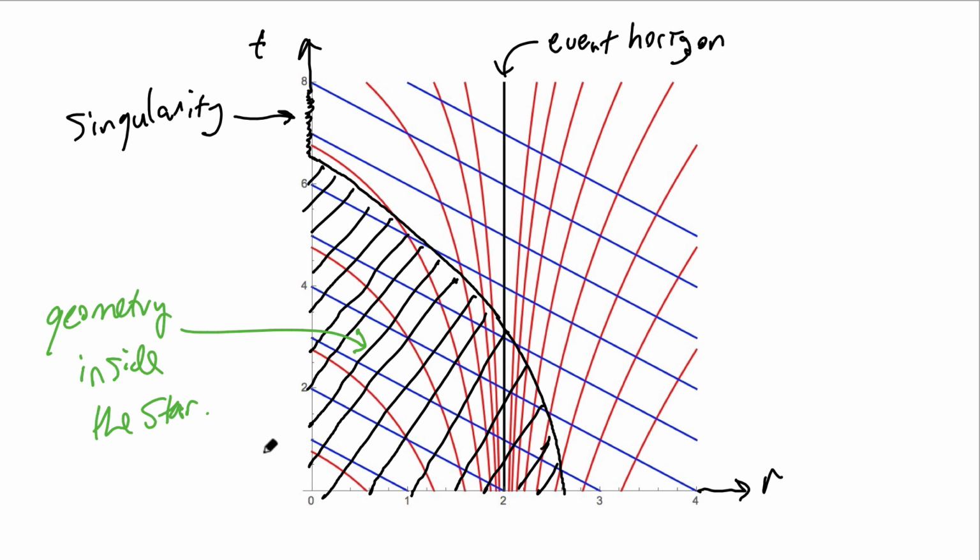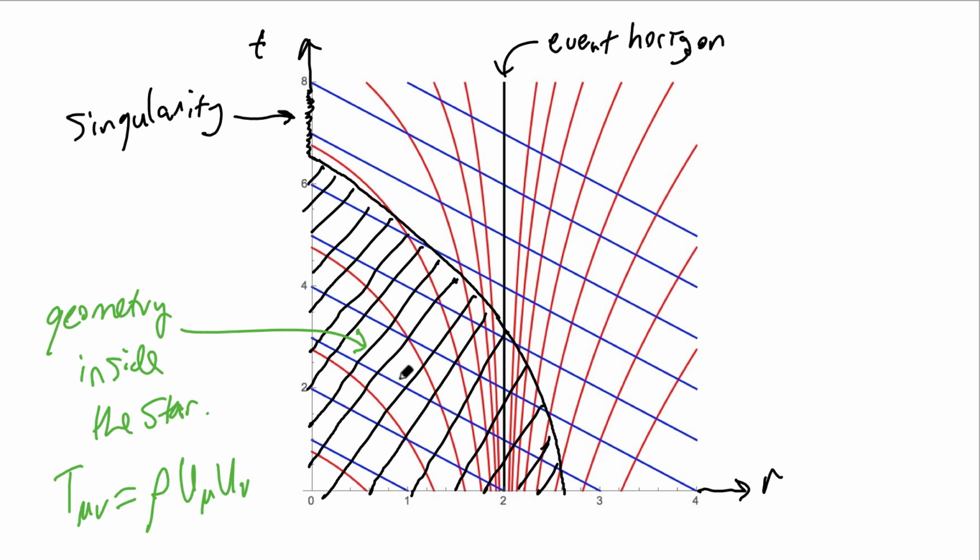So this model I'm about to show you is a highly idealized model. We'll not only assume that the star is spherically symmetric, but also assume that the material is simple pressureless dust. So we'll assume that the stress energy momentum tensor is the mass density rho times u mu u nu, where u is the four-velocity of the dust.